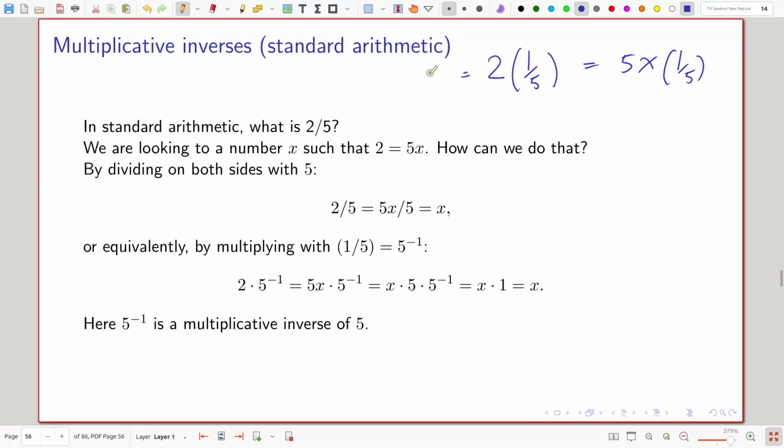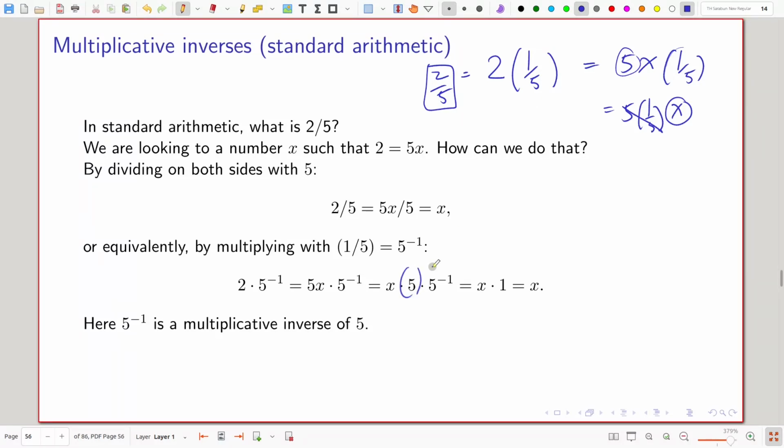And you get 2 over 5. And this cancels out, right? 5 and 1 over 5 sort of cancel out. This is the same thing as you multiply something and you get 1. Okay? Now you cancel out, so you have x, and you know x is 2 over 5. Okay? This 1 over 5, or what we write like 5 to the minus 1, this is referred to as the multiplicative inverse of 5.